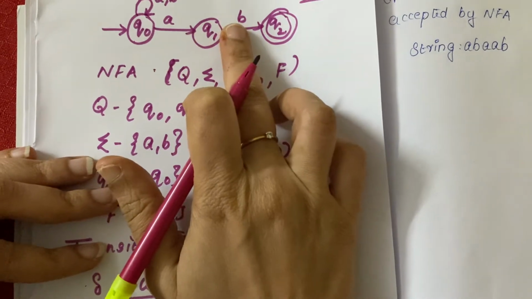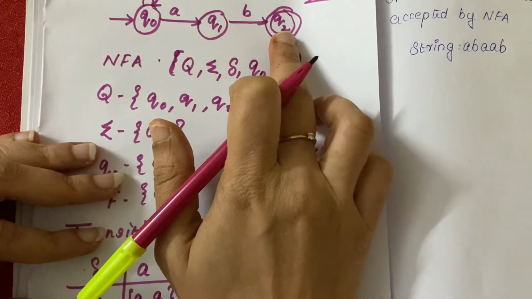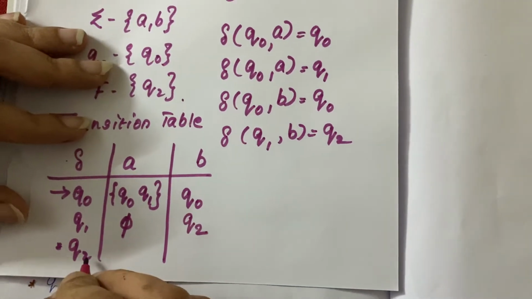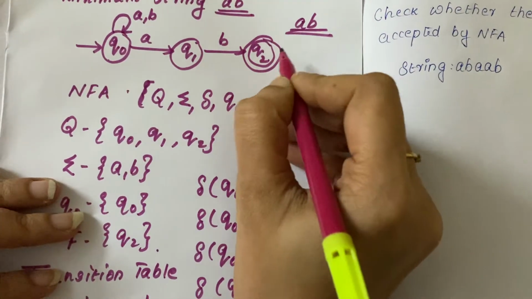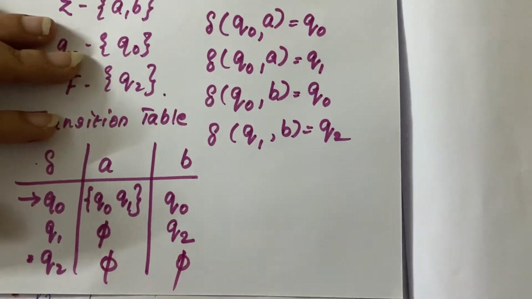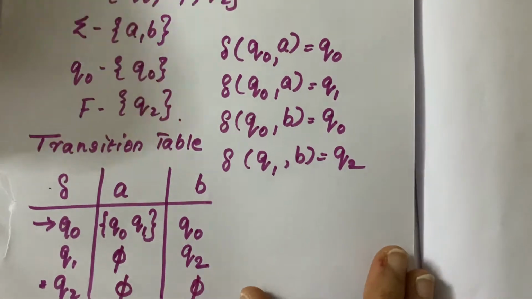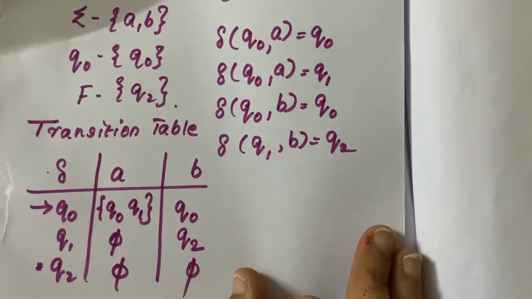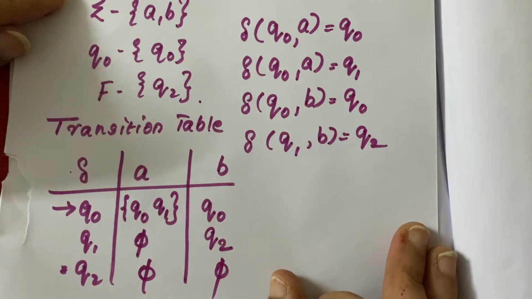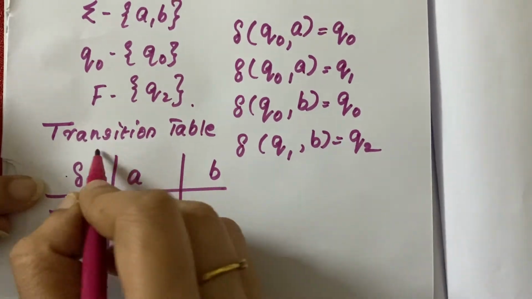Q1 on accepting the input symbol B goes to Q2. Next, Q2 does not have any transition shown for A and B, so both will be phi. So this is the transition diagram for a string that ends with AB, this is the mathematical representation, and this is the transition table.